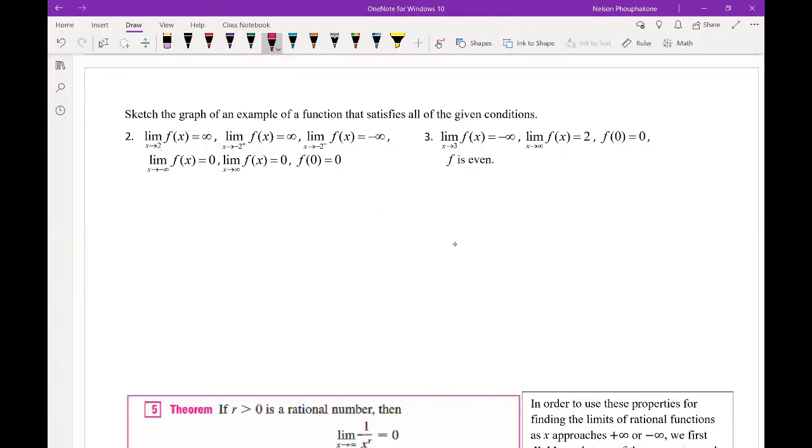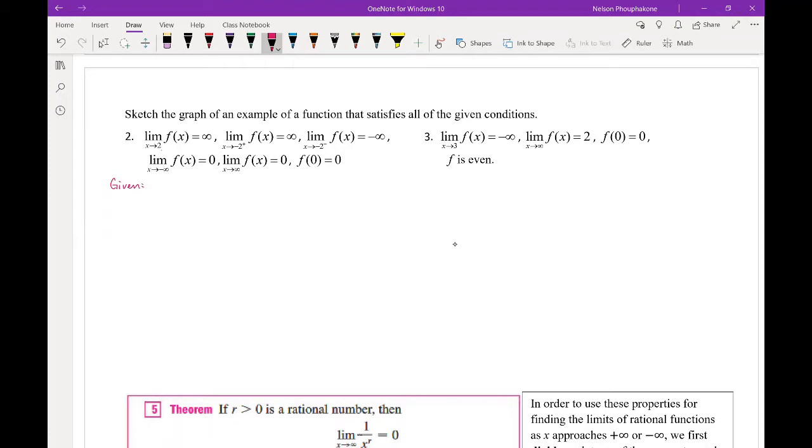Now let us look at the following two examples related to sketching the graph. Let us look at number 2. We have some conditions. Let us look at the conditions. I have the limit as x approaches 2 of f of x equal to infinity.